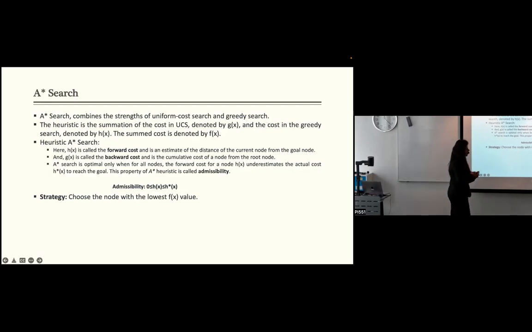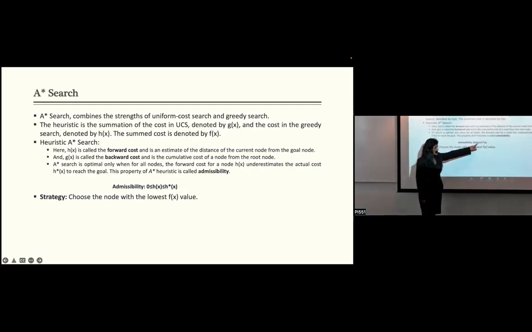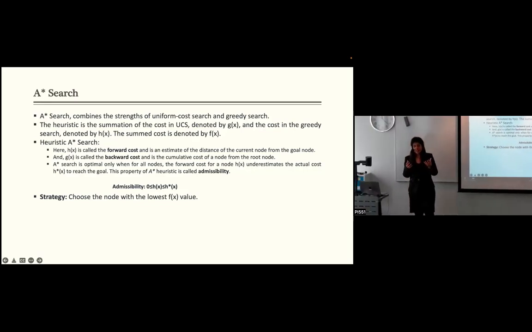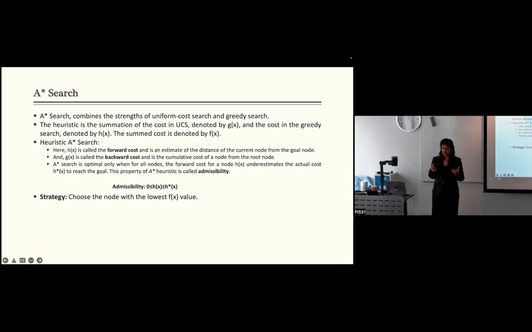So the heuristic cost should be greater than zero and less than the actual calculated cost. What would be the strategy? Choose the node with the lowest f(x) value. Obviously, we have to choose the lowest one for all the algorithms.